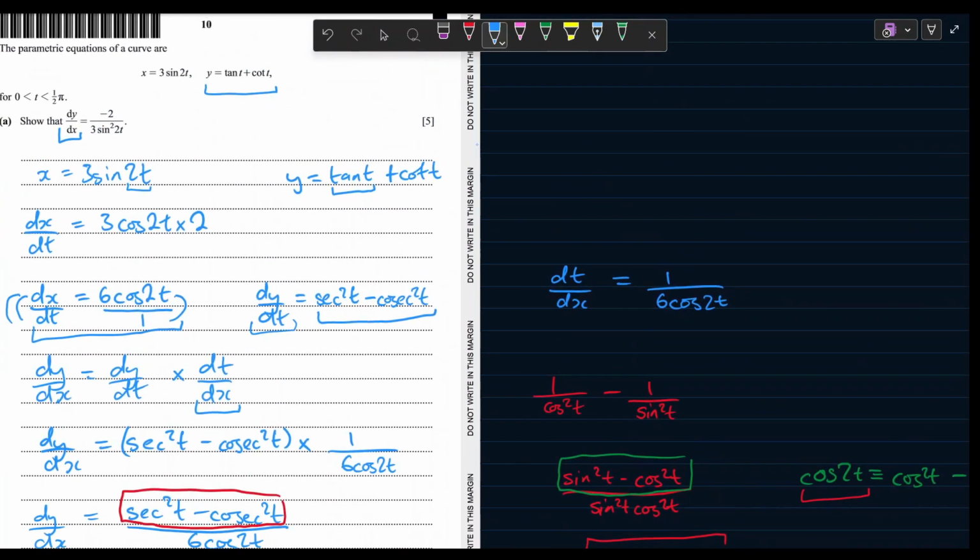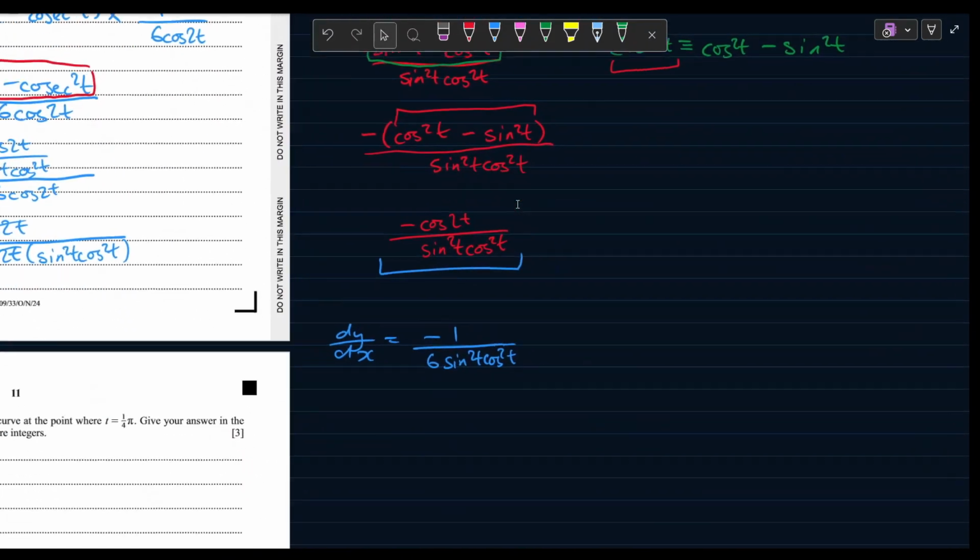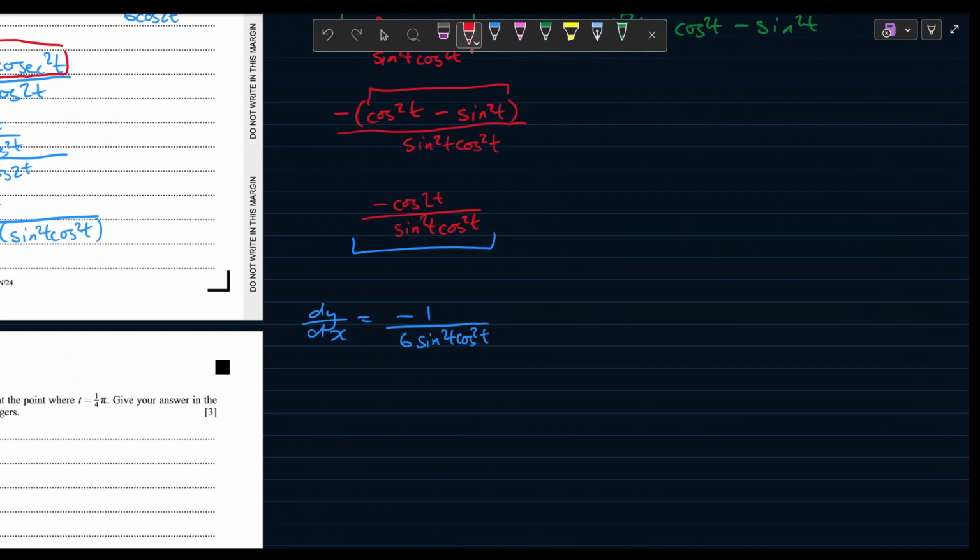Okay, on the denominator, essentially what we're trying to get is a sine squared 2t. And what we have here is sine squared t cos squared t. So we want an identity that links sine 2t with sine t cos t. And the only identity I can think of is sine 2t is identical to 2 sine t cos t. So it means essentially we want to make this the subject of the formula, because if I come back here, dy/dx is equal to negative 1 over 6.